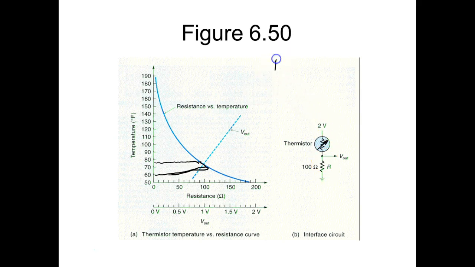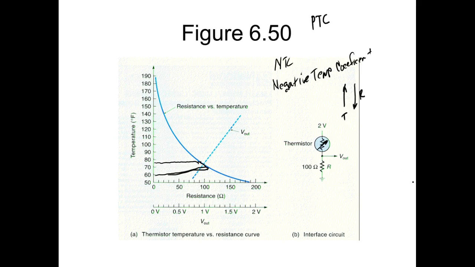The one we have up here is called an NTC, which is a negative temperature coefficient, which means as temperature goes up, their resistance goes down. Now, if it was a PTC, what would that mean? It means the resistance would go up when temperature goes up.